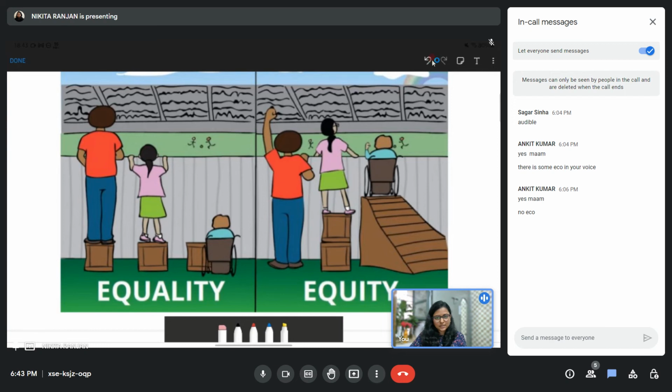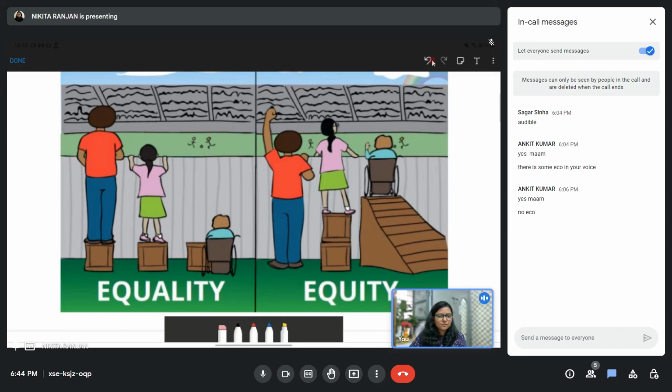For example, the reservation we provide to women counselors, or a pro-poor pricing policy for the poor but not for other sections of society, or targeted infrastructure for the disabled.